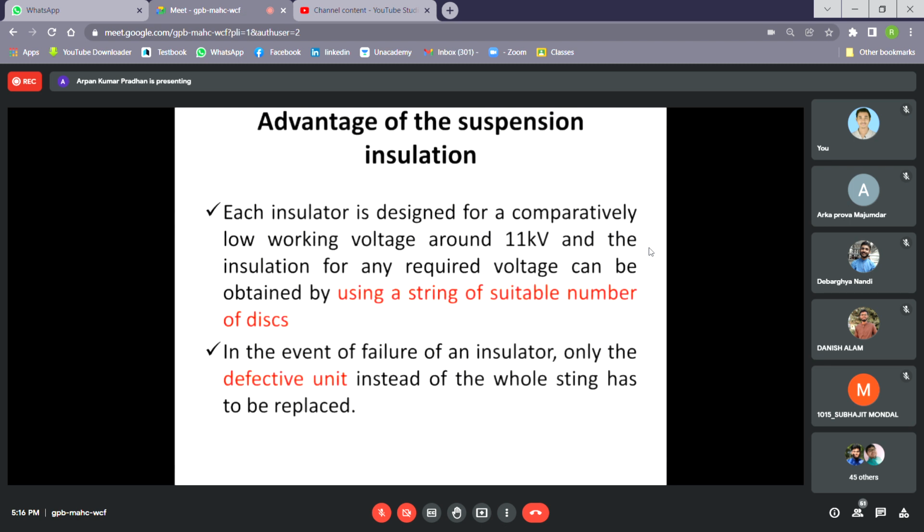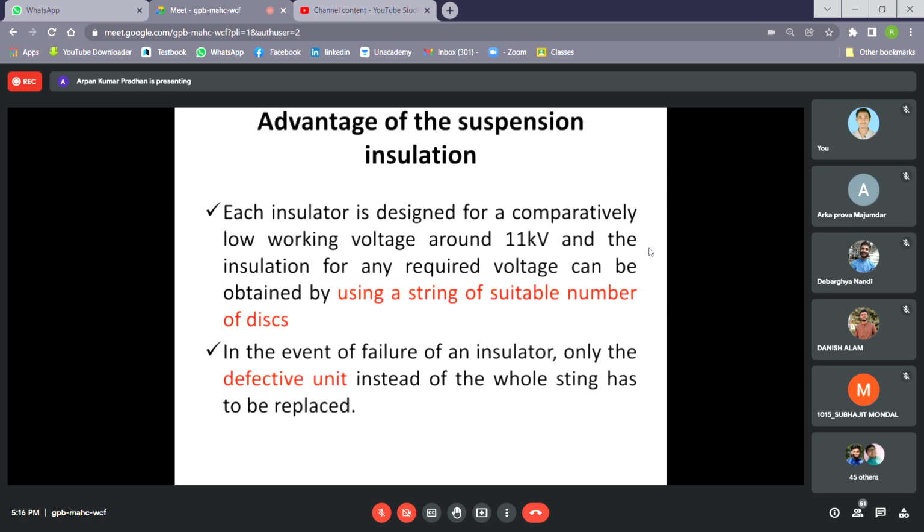So in that case, you have to manufacture another insulator which can withstand 66 kV. But the advantage of using this suspension insulator is that for 33 kV, you can use 3 or 4 units. But for 66 kV, you can use 6 or 7 units.